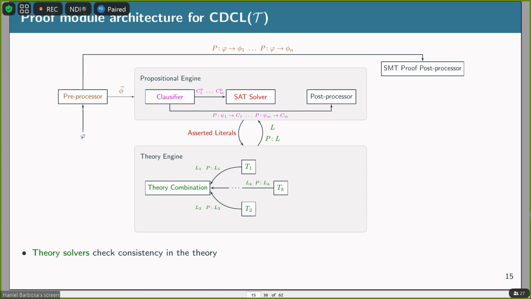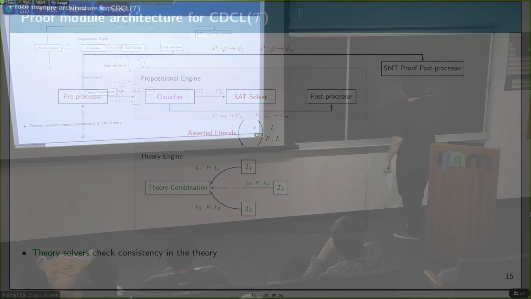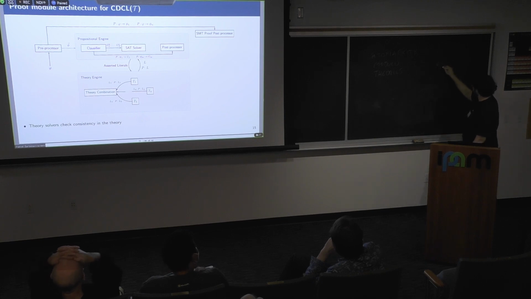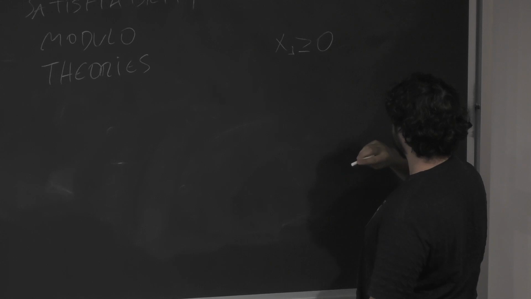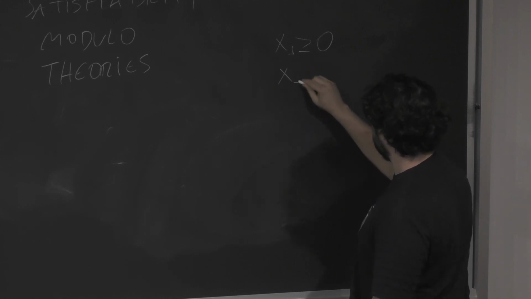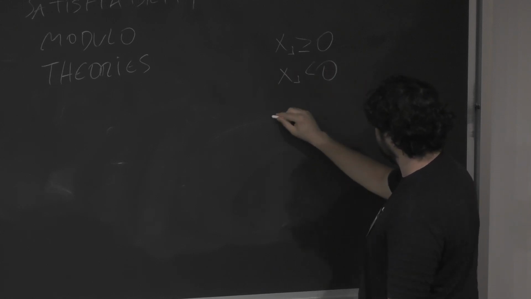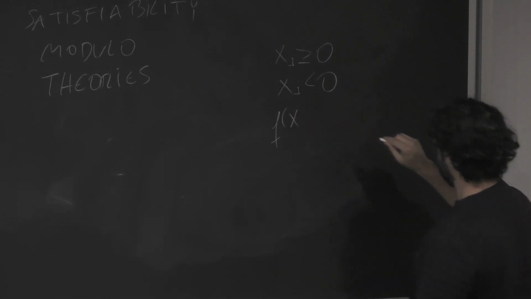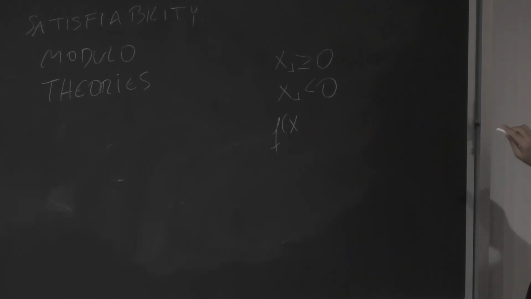So for example, we had that example where x1 had to be bigger or equal than 0, and smaller than 1. Otherwise, it's inconsistent.